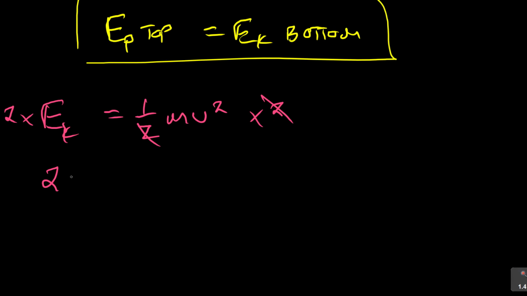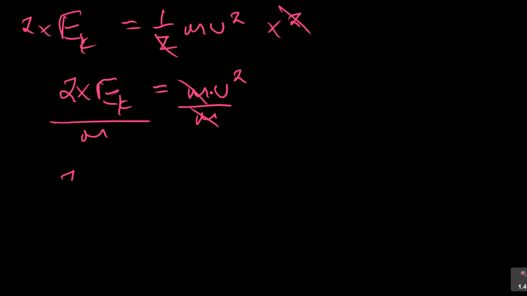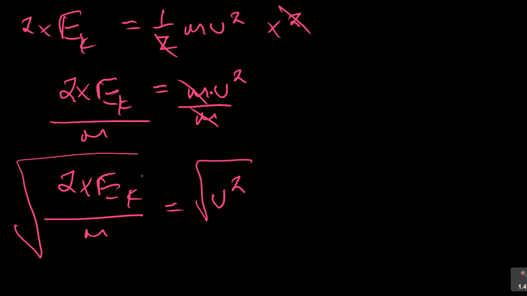So you've got 2 times whatever EK they give you is equal to mv squared. And then you don't want that m, it's multiplying, so you divide everything by m. So now you have 2 times the EK you calculated over the mass is equal to v squared. Now if you want the velocity, you square root both sides.